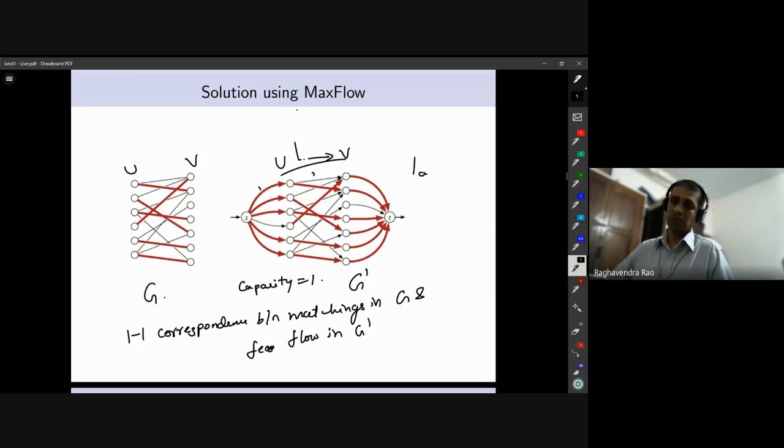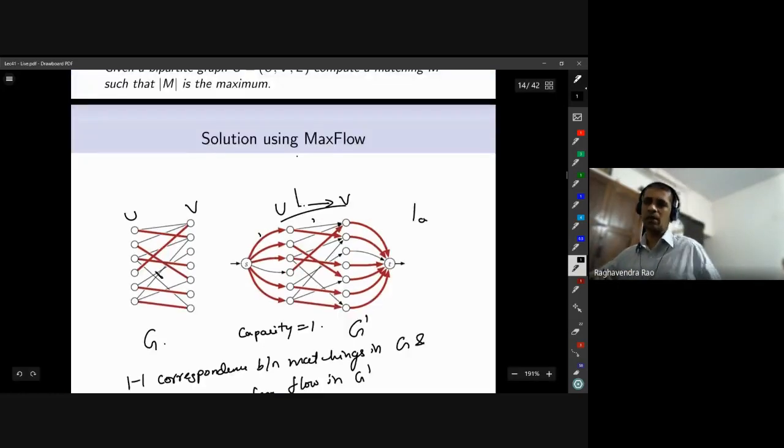It was due to network flow that we got the first polynomial time algorithm. And to date, all matching algorithms use a similar pattern. There will be a notion of augmenting paths and so on. They vary based on the applications and the kinds of matchings that people study. Not exactly augmenting path in the residual network, but there is a notion of augmenting path.